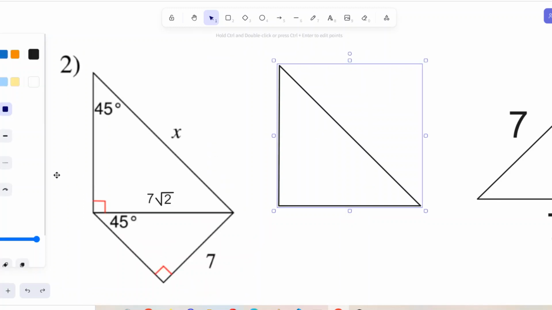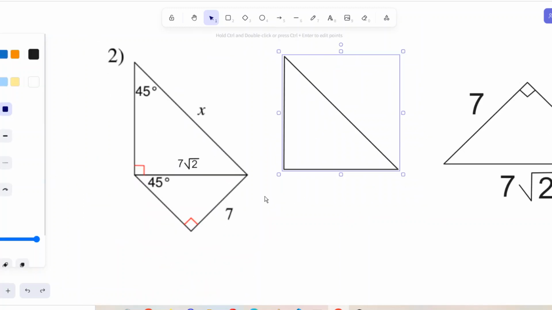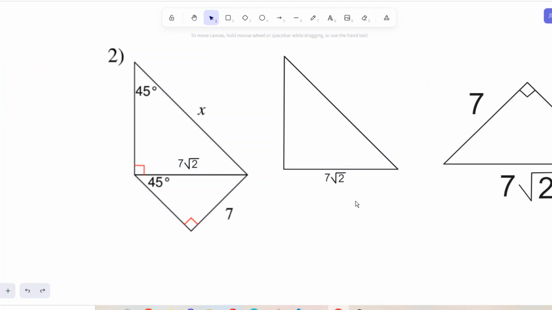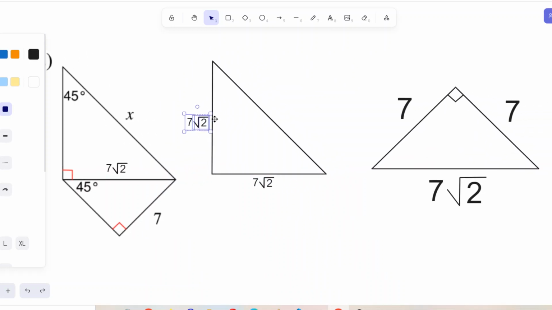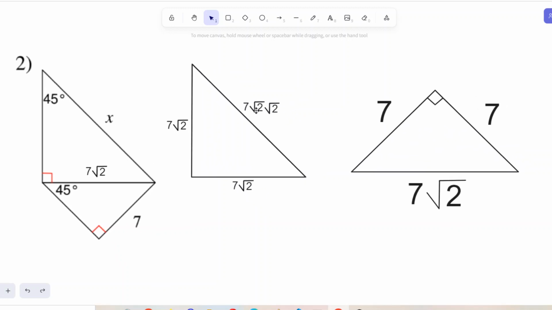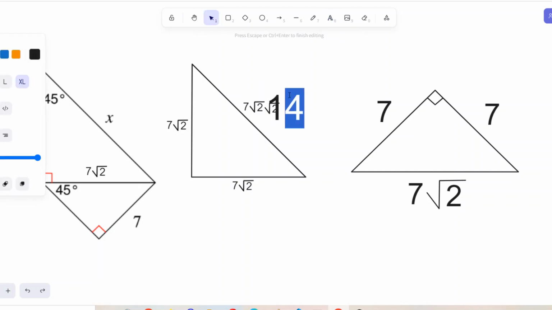In this case, this is 7 root 2, which means that whatever the side length is, the hypotenuse is the side length times root 2. So it would be 7 root 2 times root 2, which comes out to 7 times 2, because root 2 times root 2 is 2. So this is really just 14.